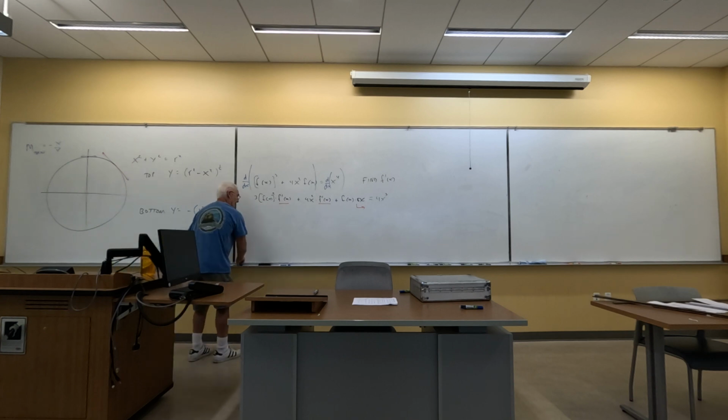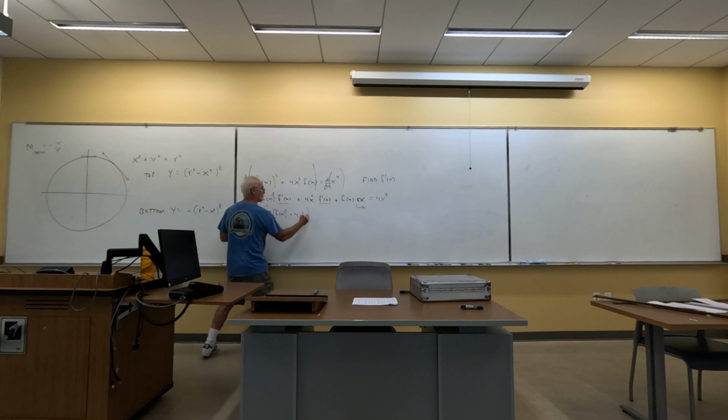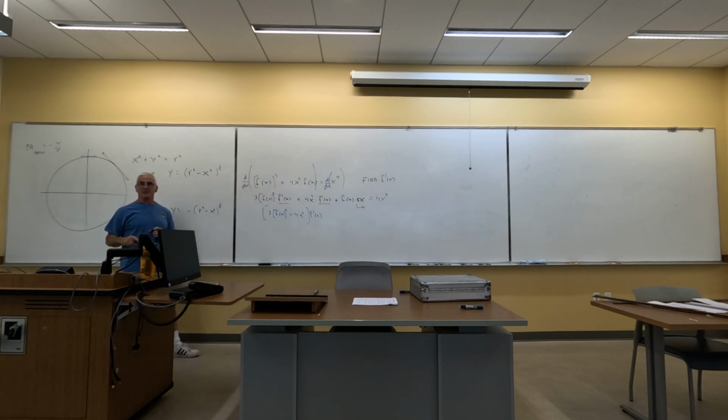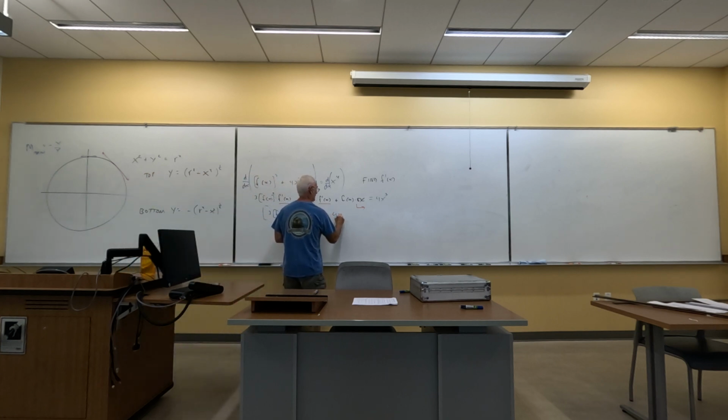So on the left side, I have 3 times f of x quantity squared plus 4x squared all times f prime of x, correct? That's what I have on the left side. What will I have on the right side? I'll have 4x cubed minus, how about 8x f of x, because I'm subtracting that from both sides.